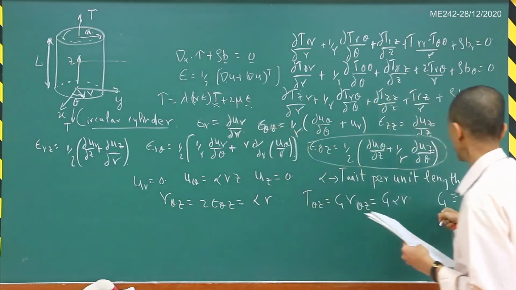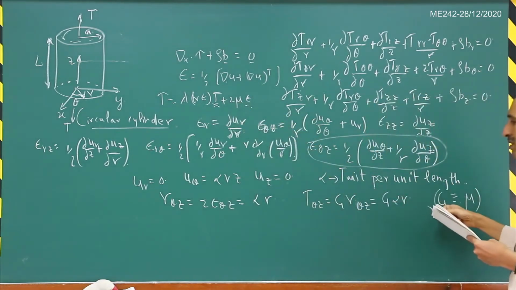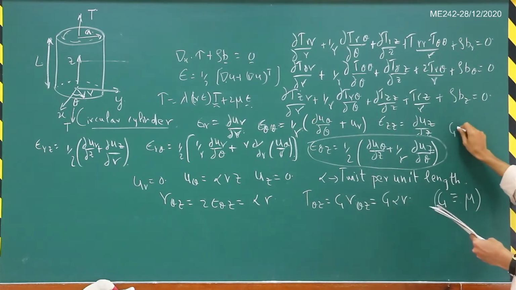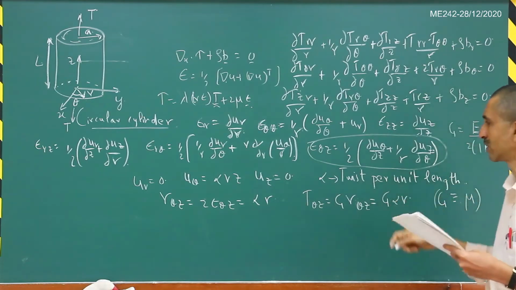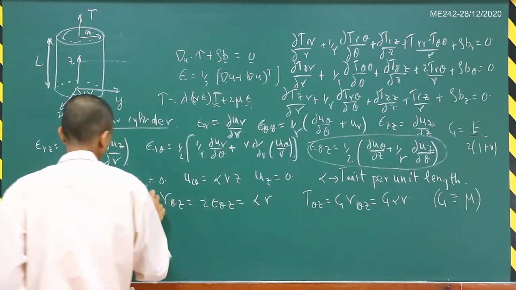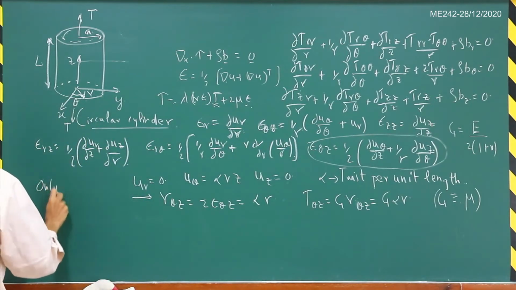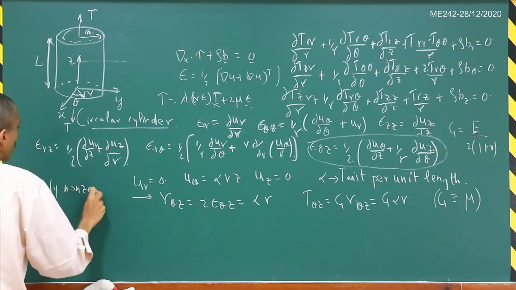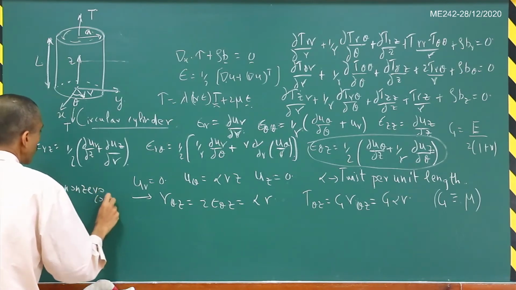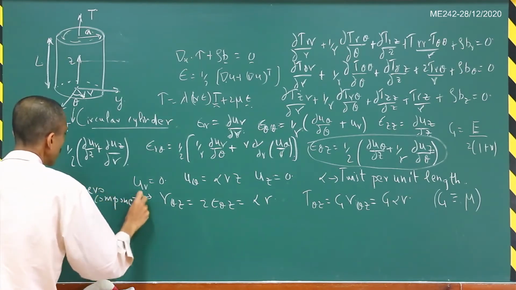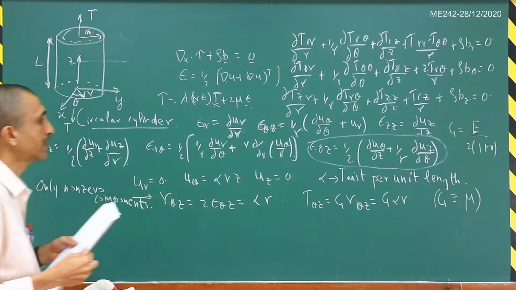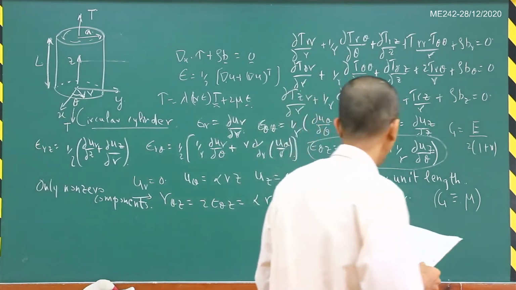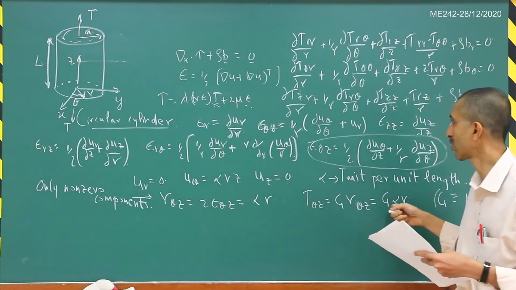So we have seen that mu and G are the same. That is the shear modulus, where G is equal to E divided by 2 into (1 plus nu). So that we have already seen. So these are the only non-zero components.